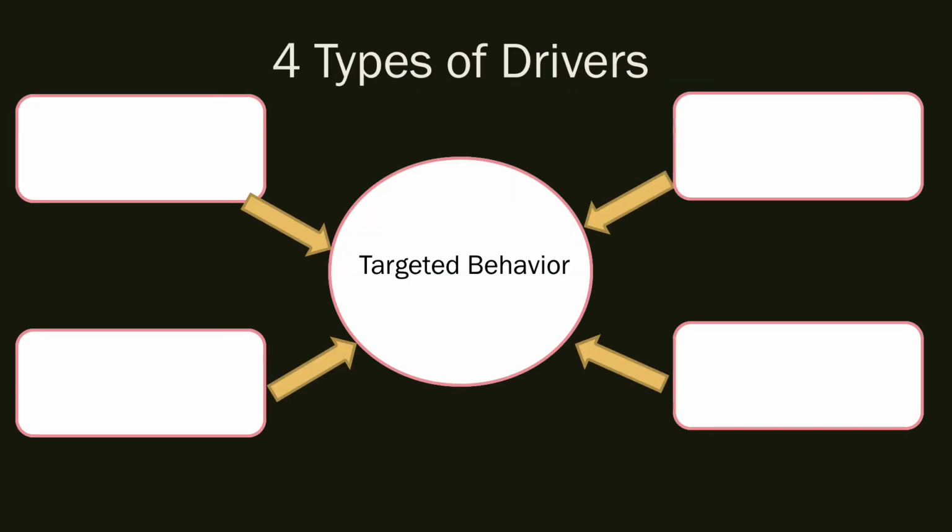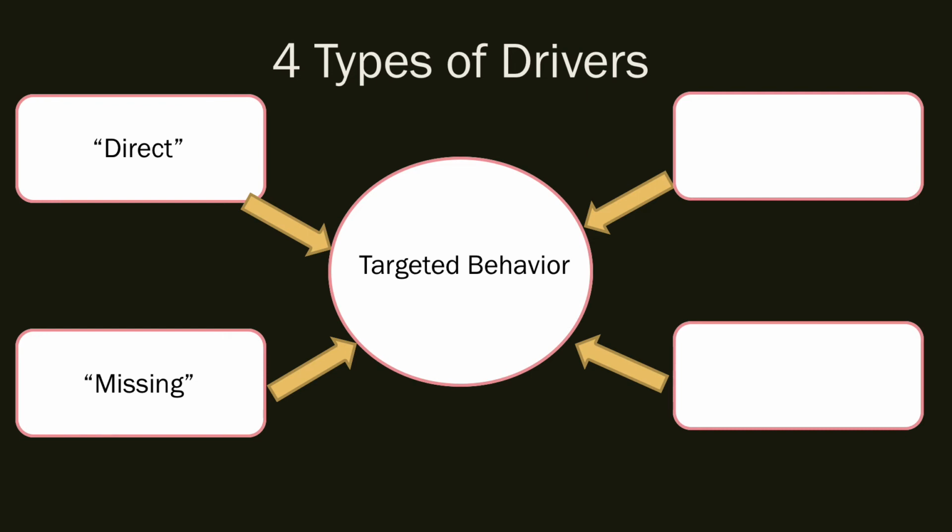Now that we know what makes a good driver, let's look at 4 possible types of drivers. 1. Direct. These are obvious things that contribute to the situation. An example being, your child did something that was a direct driver to you having a reaction to it. 2. Missing.